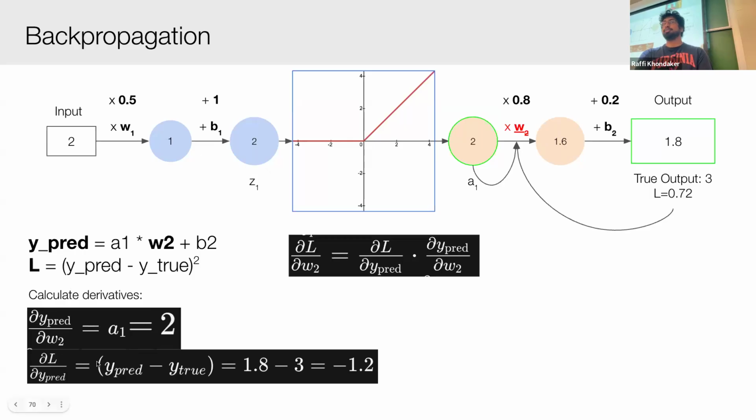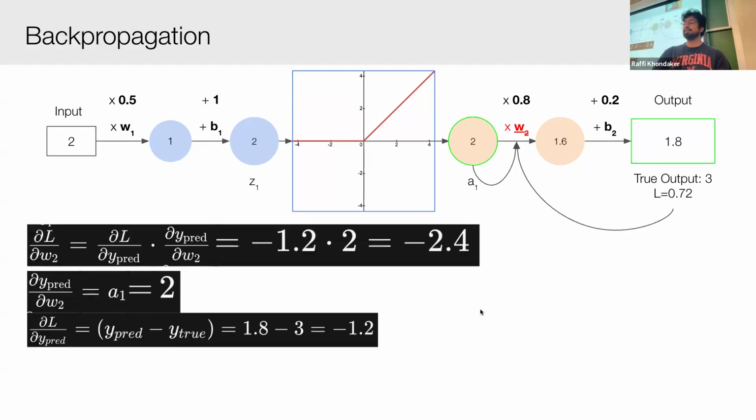That's why I had that 1/2 from earlier: the derivative of the squared ypred minus ytrue would have been 2 times this value, and by having that 1/2, we hide away that coefficient. So this value on the left is 2, this value on the right is minus 1.2. We multiply them together to get minus 2.4.